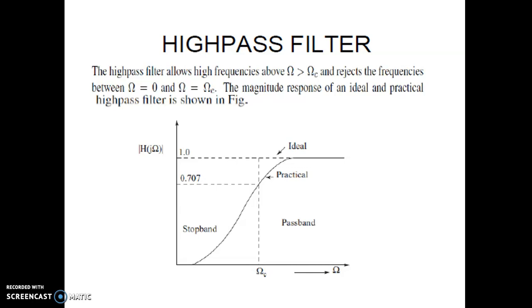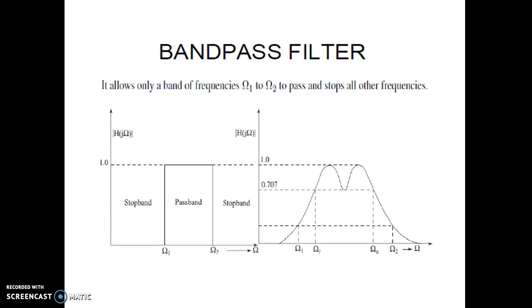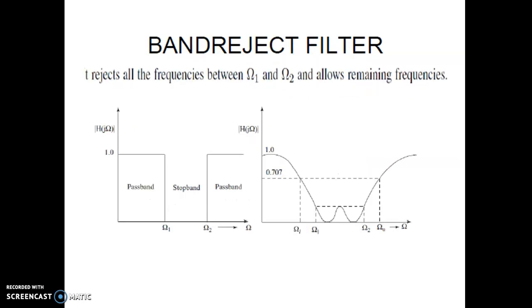The place where the response goes from 1 to 0.707 of the maximum value is called the cutoff frequency. Likewise, we are showing the ideal response of a band pass filter and the practical response of a band pass filter, followed by the ideal response of a band reject filter, as well as the practical response of a band reject filter.